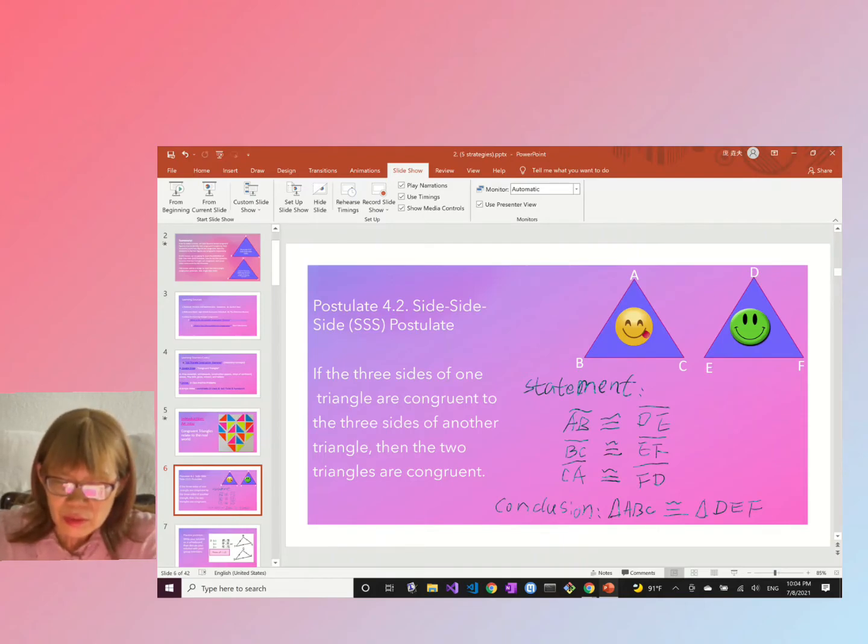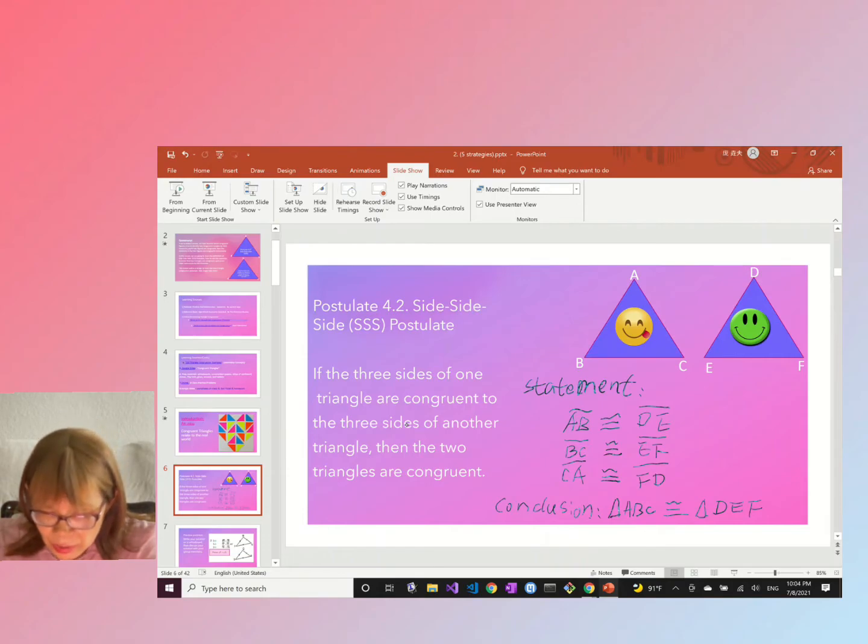Here, two triangles. The statement is: three sides from this triangle, which are segments AB, BC, and CA, are congruent to the three sides of the other triangle, which are DE, EF, and FD. AB is congruent to DE, BC is congruent to EF, CA is congruent to FD.